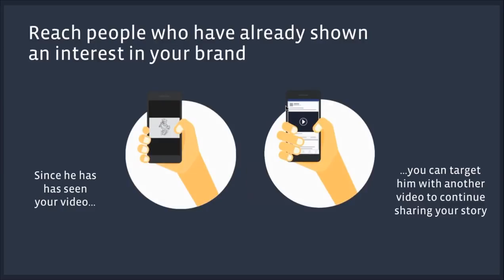So that's an audience of people who actually watched your video, which we define as someone who has watched at least 3 seconds of your video. This means that you can then take this audience and retarget and show them ads later on. You can either show them other videos in a sequence, or you can even use this for other kinds of ads, maybe your page post engagement, your link or photo page post. It's all possible.